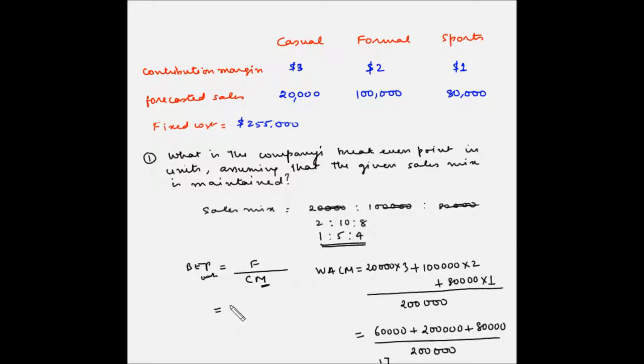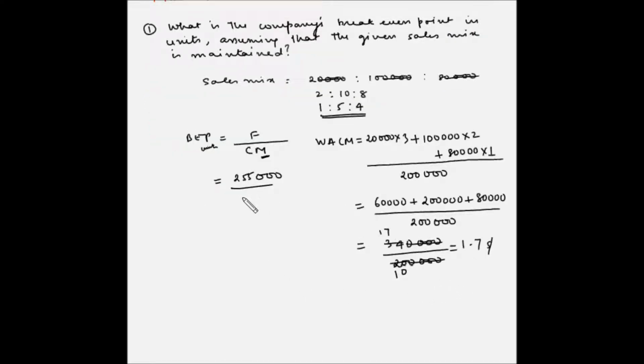So let's now find out the break-even point in terms of units. So fixed cost is 255,000 and the contribution margin is 1.7. So we can remove this decimal and add a 0 here. Now let's divide this number by 17. 17 ones are 17 and 17 ones are 17.